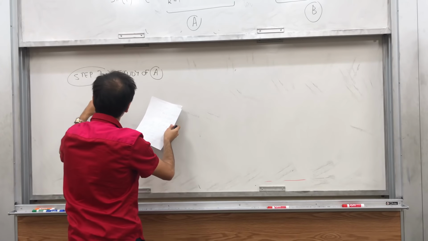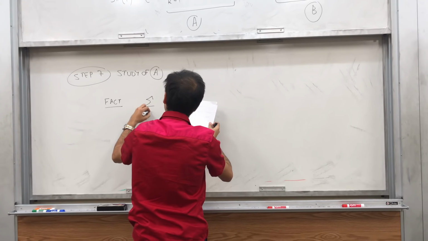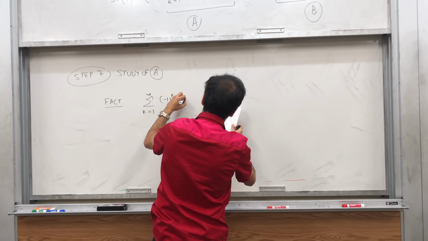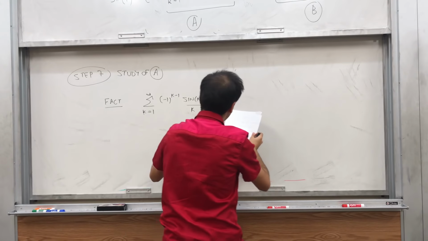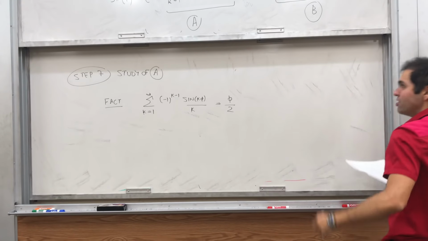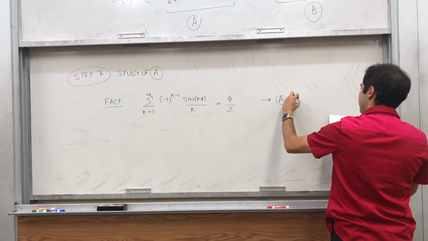So it turns out it is true that the sum from k from 1 to infinity of minus 1 to the k minus 1 sine of k phi over k equals phi over 2. So this would also imply that A equals phi over 2.